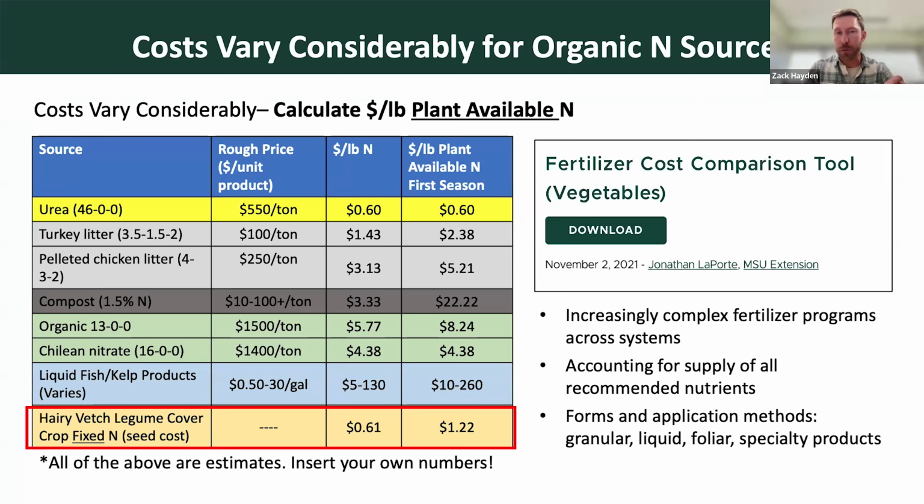It's not specifically built for organic materials, but if you incorporate that plant available nitrogen percentage yourself, you can use them in this as well. Because the reality is we're all making multiple nutrient applications throughout the season. It's increasingly complex, and this can help sort out some of those calculations. So take a look at that.